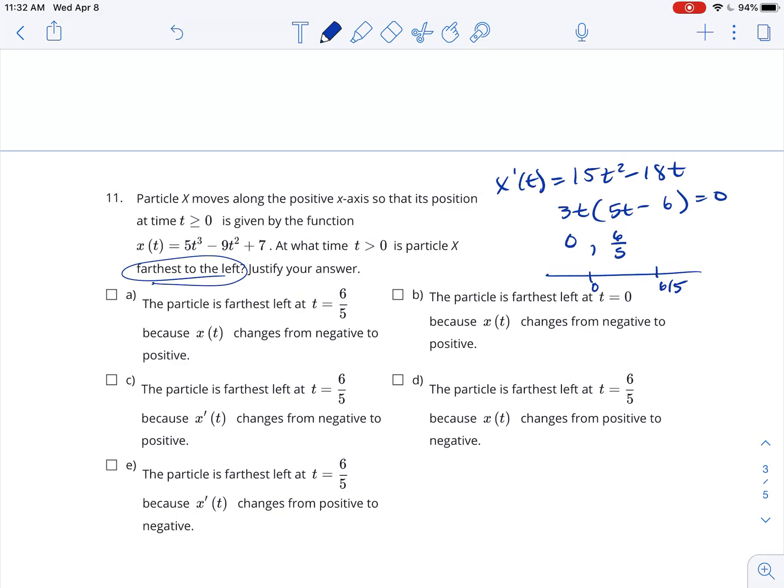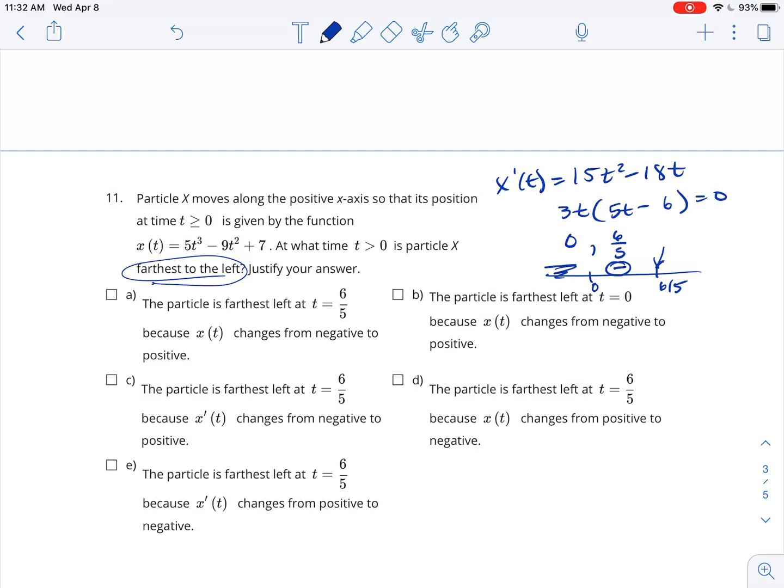So let's test these intervals. Let's see what direction you're going. So left of 0, oh, and that's time. So I don't need time less than 0. So forget that. Let's just test between 0 and 6/5. Well, the easiest value to test is 1. So if I plug in 1, we already know that that's going to give us a negative value.